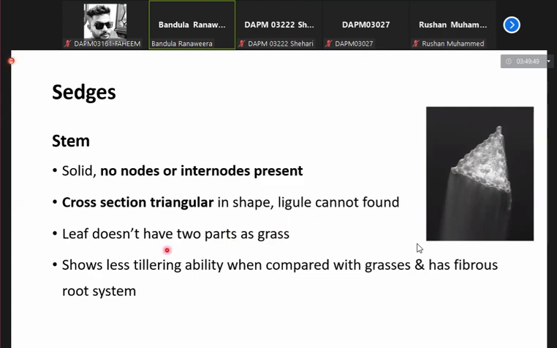And the other thing is, not like in grasses, the leaf is just one segment, not two parts as in grasses, where we mentioned the leaf blade and the leaf sheath. The tillering ability of sedges is lower compared to the grasses.